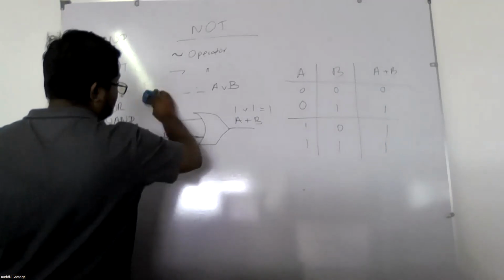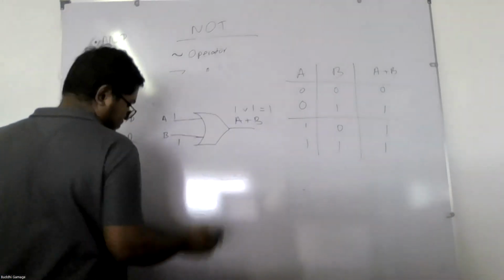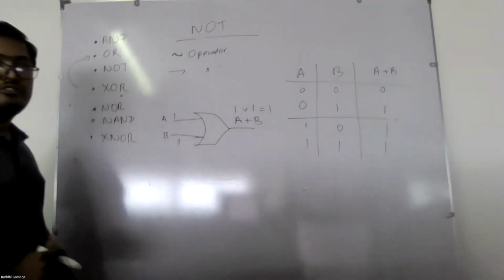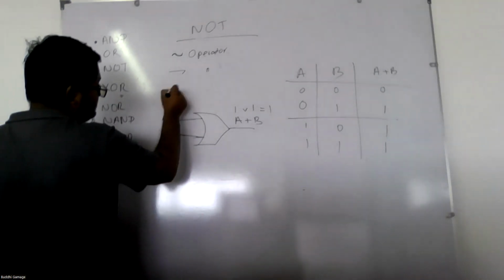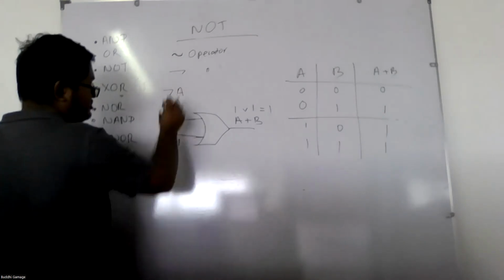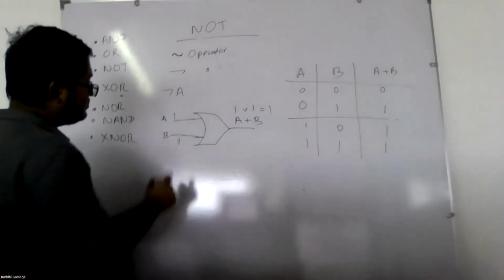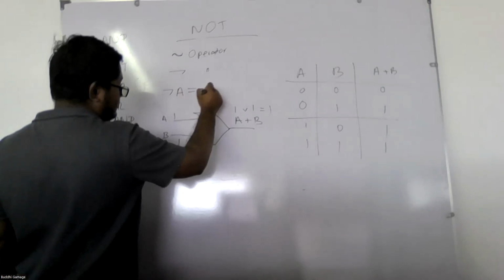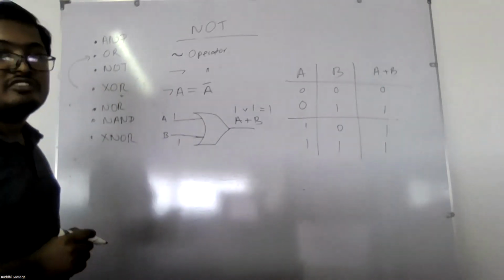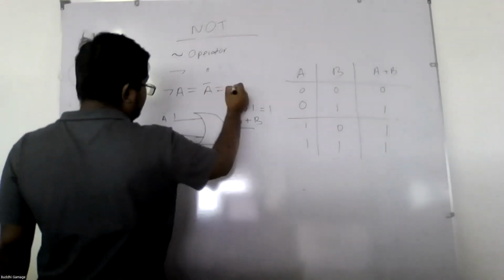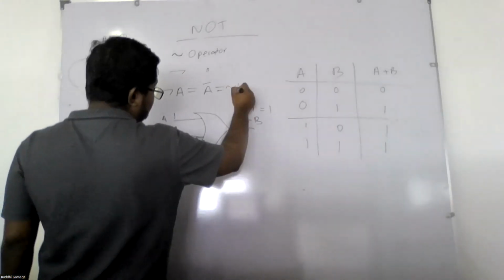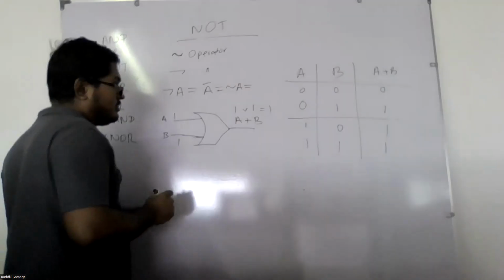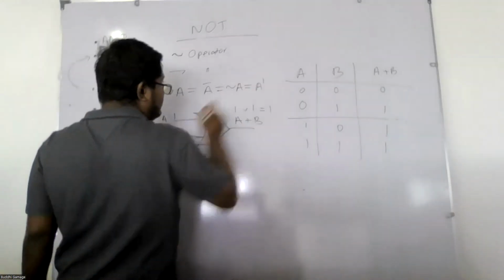When we are working with symbols, we can simply say it this way as well. This is NOT A, or A bar. It's also equal to the Boolean NOT A, and then A dash.